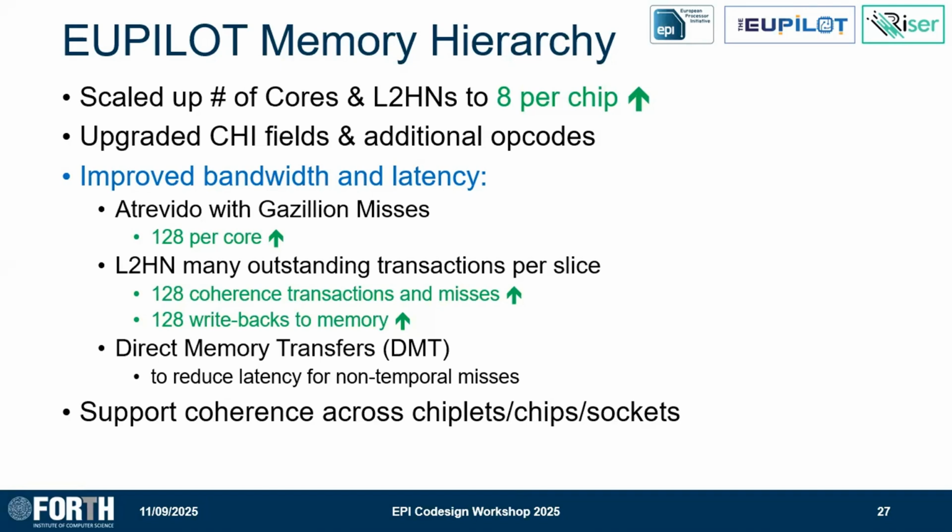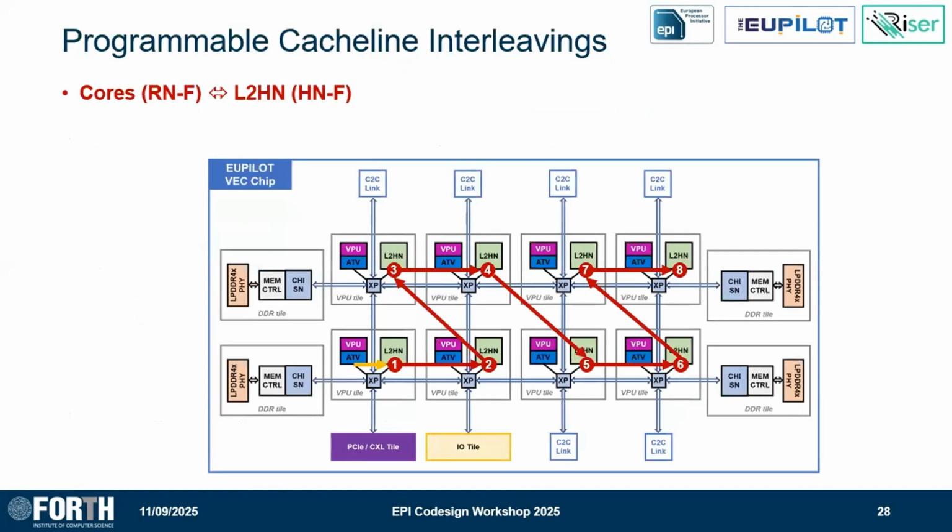And of course, there are other interesting things as you grow the memory hierarchy with the 2D mesh. One thing is the interleavings. In our case, the interleavings are programmable, but in this chip, the default is to actually traverse the NOC. If you start from here and start requesting a long vector, typically you're going to go around the chip and start asking for cache lines like 4 times with 8 cores.